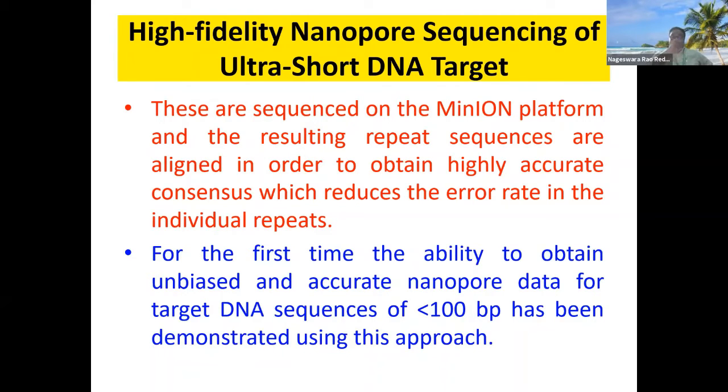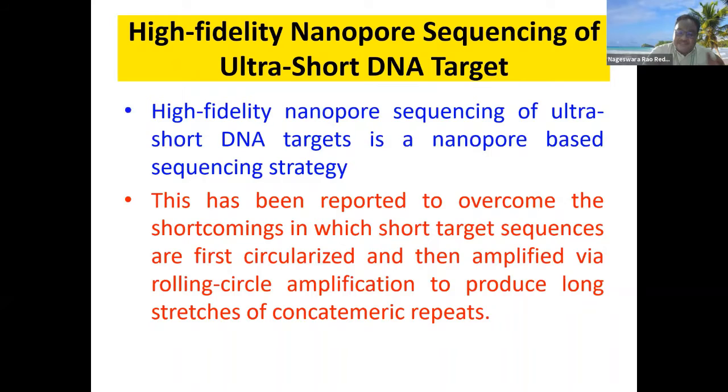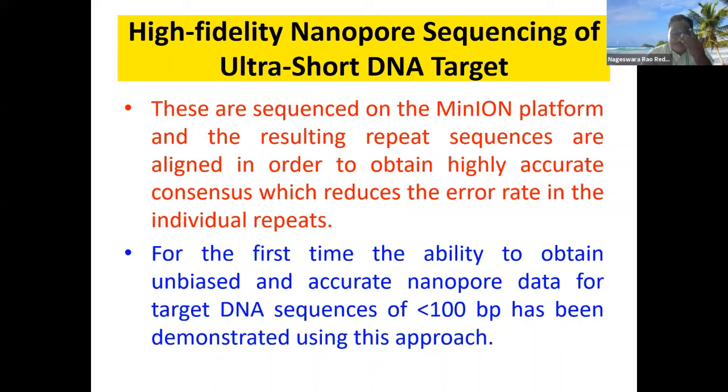So with this procedure, we try to get the ultra short read sequence, and then we take it to the machine, that is a MinION platform. Previously we have seen MinION in third generation nanopore sequencing technology. There we saw that there is a machine known as MinION. So first we circularize, amplify, and then make concatenated repeats, and then we give this sample to the MinION platform, and this will give a sequence of the ultra short DNA.